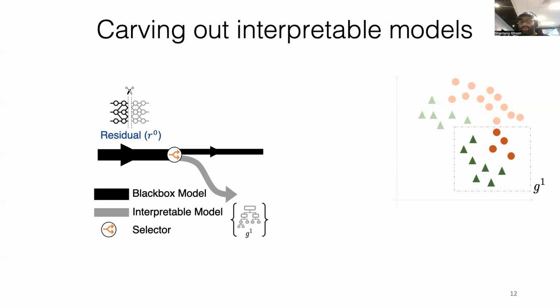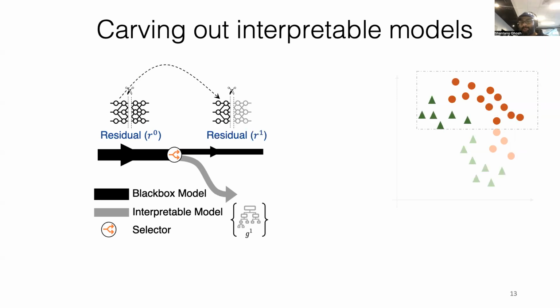So we borrow ideas from the so-called deferral model, which is represented here as the selector. The selector is a binary classifier that chooses between the interpretable model and the black box. When it is confident, it uses the interpretable model for the specific data subset. When it is not, it defers to the black box.